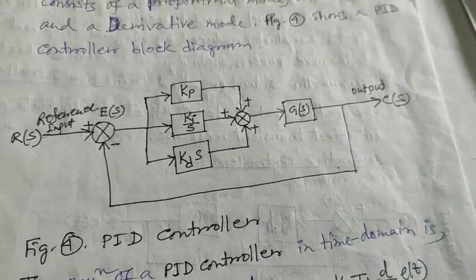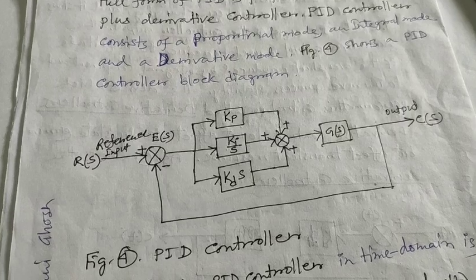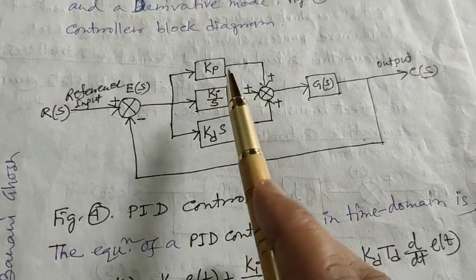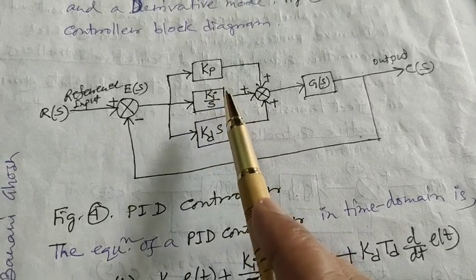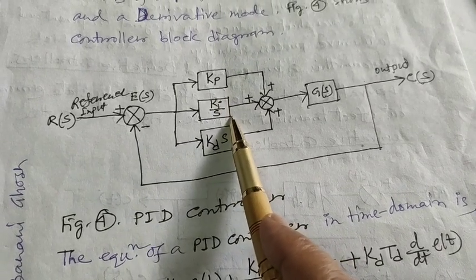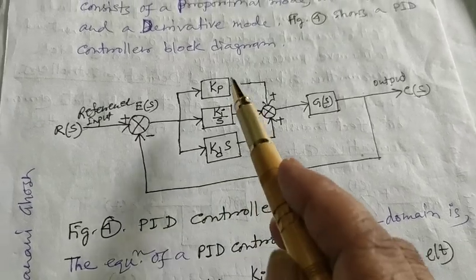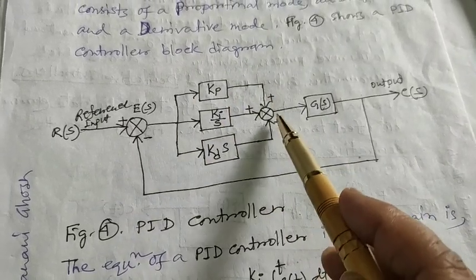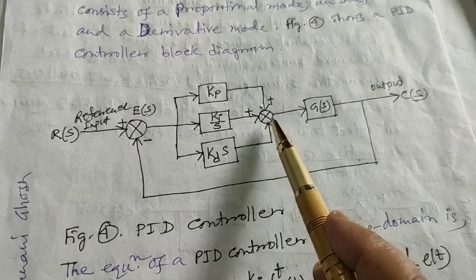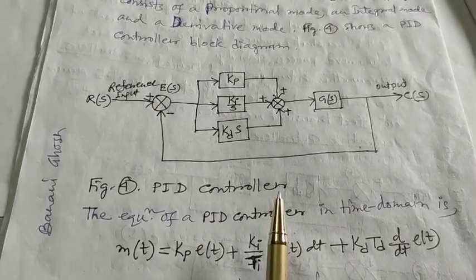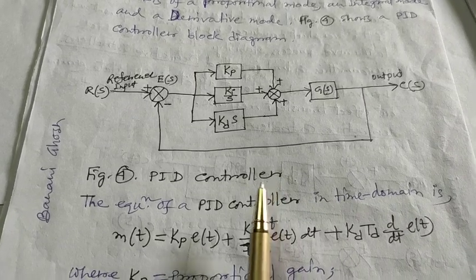Okay, so this is the block diagram of the PID controller. This is the proportional control action, this is the integral control action, and this is the derivative control action. All three control actions are combined here, and give the composite controller known as the PID controller.